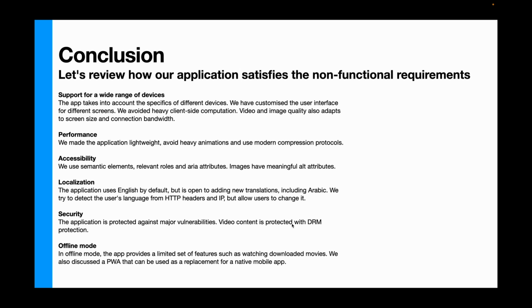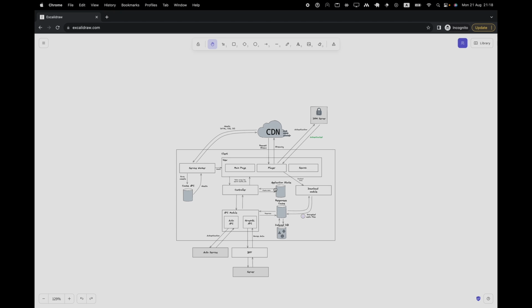Video content is protected with DRM protection. And also, we support offline mode. In offline mode, the app provides a limited set of features, such as watching downloaded movies. We also discussed a PWA that can be used as a replacement for a native mobile app, especially at first. Let's take a final look at the high-level design.